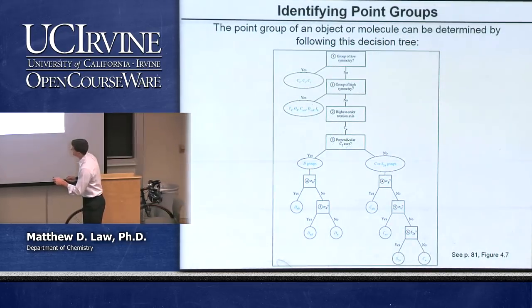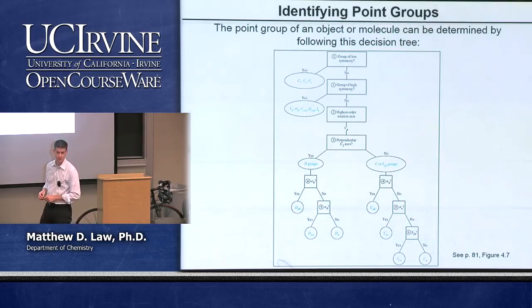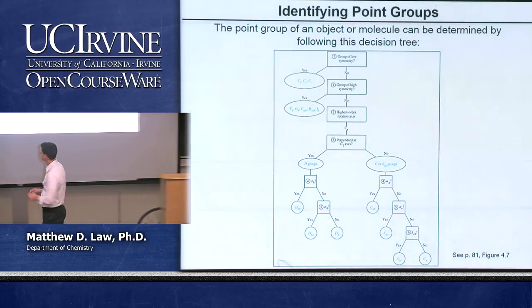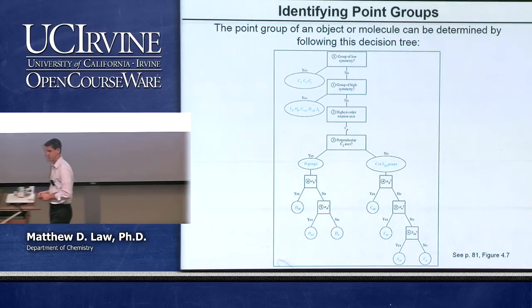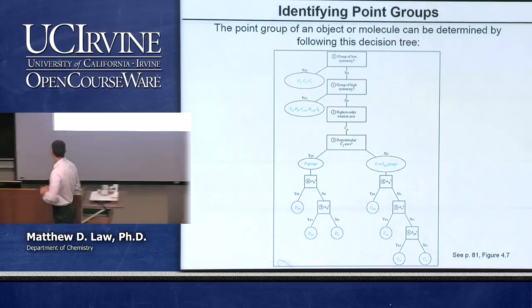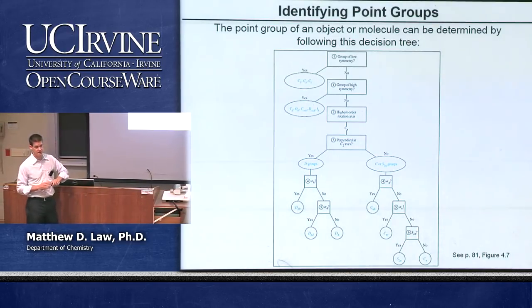The next step is then to distinguish between D groups and C or S groups. Are there perpendicular C2 axes in the molecule? If there are, then we go to the D branch of the decision tree. If there are not, we go to the C and S branch. Let's say that there are perpendicular C2 axes, so we know we have a D point group.